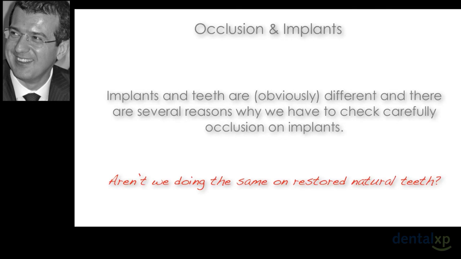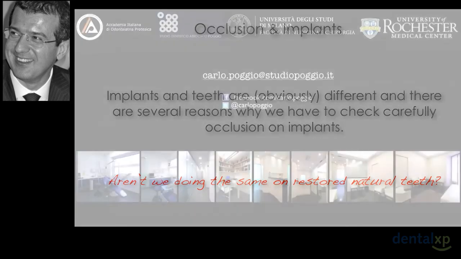I don't think that we are taking less care on restored teeth. So what I would say is that, considering the available literature, considering what we can do in clinical practice, we are dealing in the same way on implants and on restored teeth with our occlusal schemes.